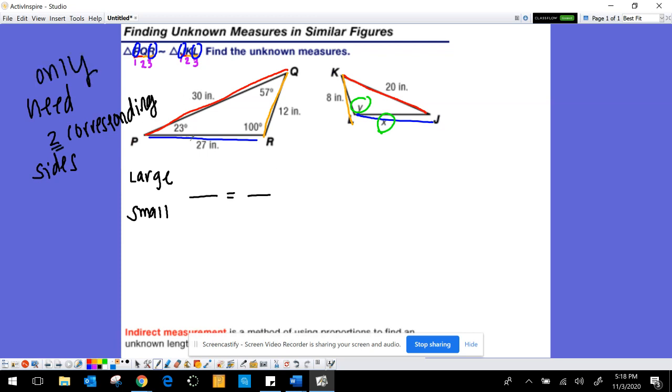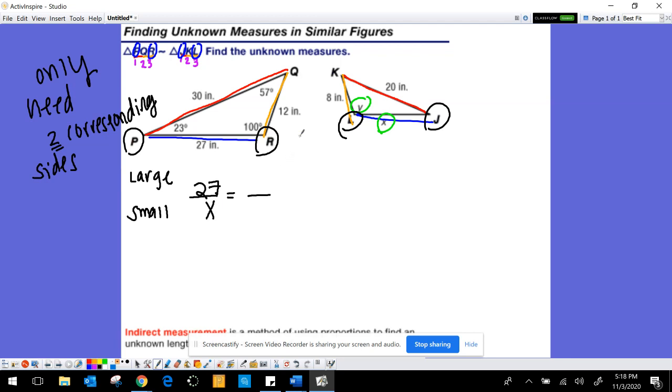So obviously we need to use PR, and we're going to use JL as well because that's the side with the X. So PR is 27 and JL is X.